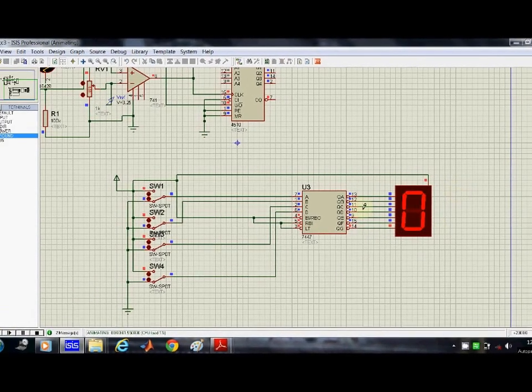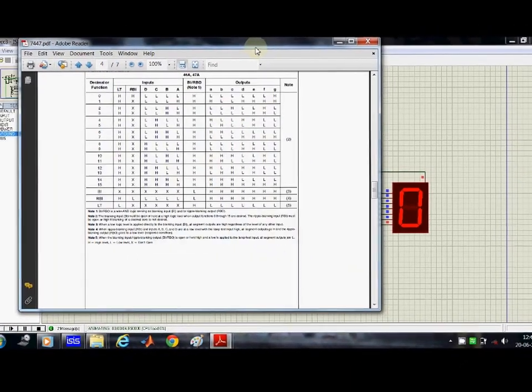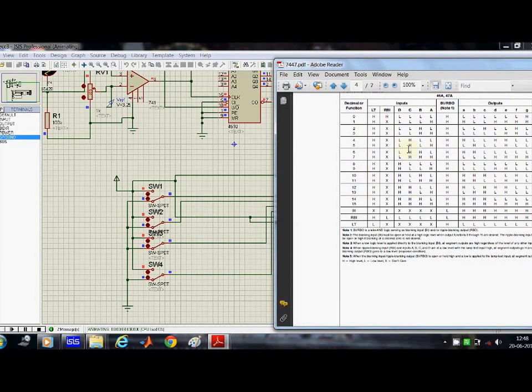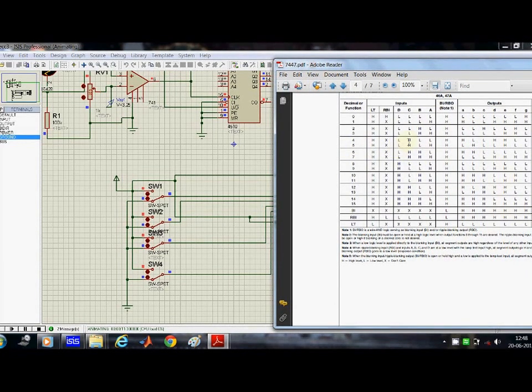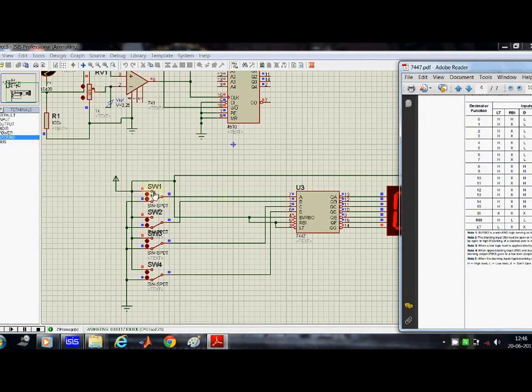See, the output is coming 0. Now going back to the data sheet, I will go according to the data sheet. Suppose I want to represent number 5, that means I have to make inputs C and A high. Here my A is this, my B is this, my C is this, my D is this.